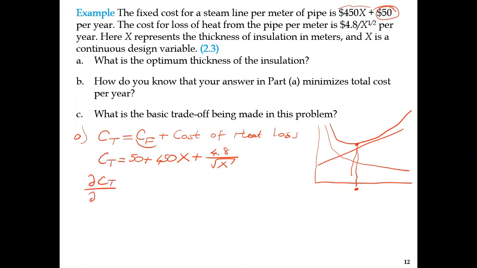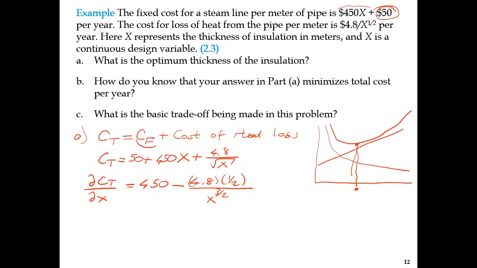with respect to x. So simply we will obtain 450, and for the second one we will have negative 4.8 times 1 over 2 times the power of x divided by x to the power 3 over 2. This is the derivative of the second part, nothing else.